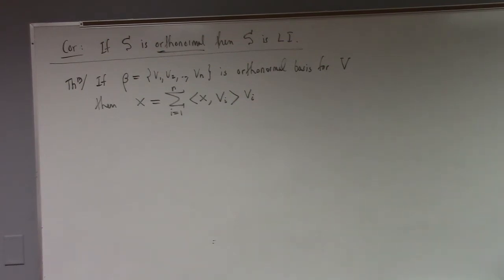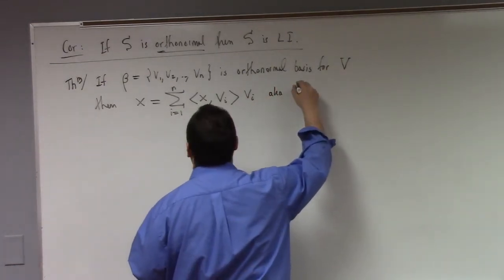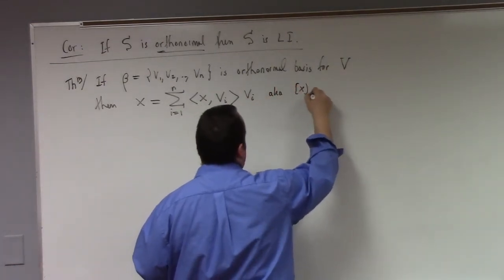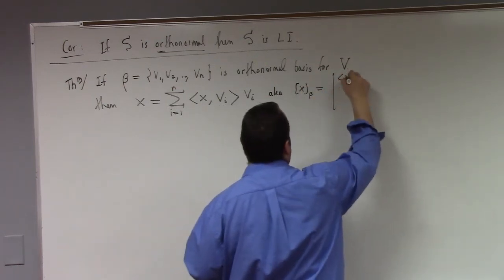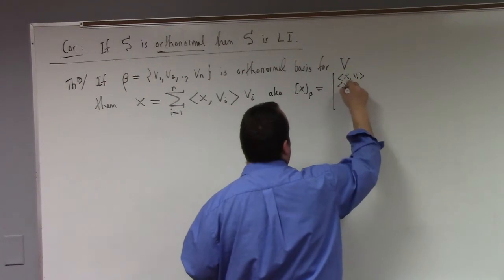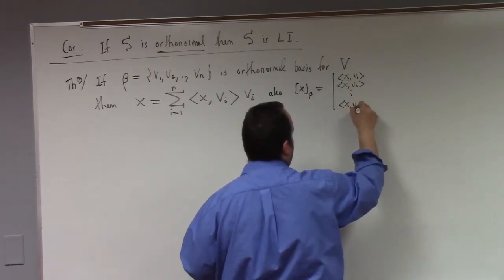AKA the coordinate vector of x in the beta coordinate system is just equal to the inner product of x with v1, x with v2, through x with vn.